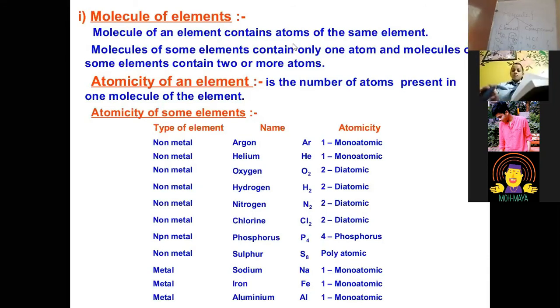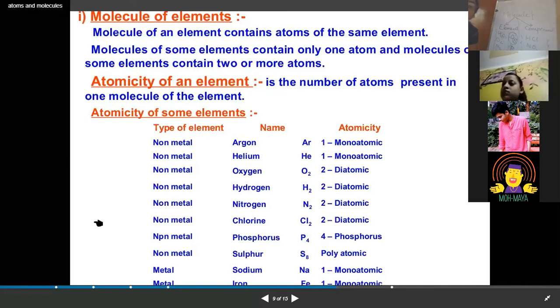That's why it is called a diatomic molecule. The atomicity of hydrogen is also 2, nitrogen is 2, chlorine is 2, because two atoms combine to form a molecule of an element. The number of atoms present in the molecule of an element is called atomicity.